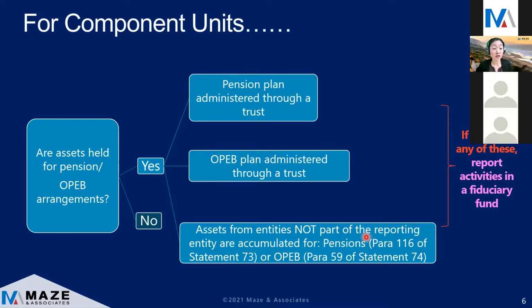So these three questions are: are the assets held for a pension plan administered through a trust? Are they held for an OPEB plan administered through a trust? Or are they assets from entities that are not part of the reporting entity, but used to accumulate resources for pensions or OPEB arrangements? Okay, if it is a yes for any of these, then report the activities in a fiduciary fund.